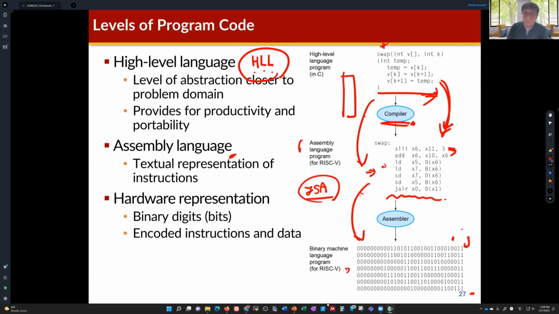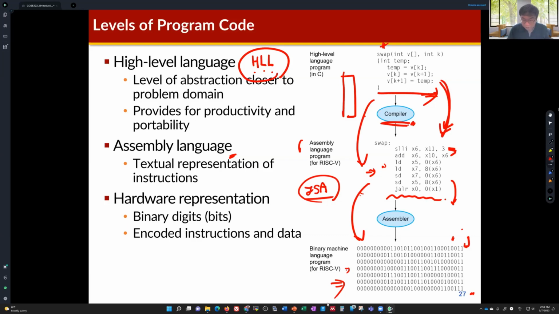Okay, so if we see this data, you can understand it's just a group of ones and zeros. If we study some instruction set architecture, then we can understand the assembly code, but it's not easy.